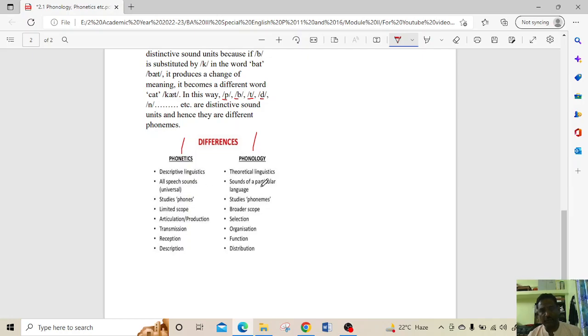And as I told you, phonology studies the sounds of a particular language. So in phonetics you study phones, that is the dhvani, and in phonology you study phonemes, that is the smallest unit of sound. So phonetics has limited scope, on the contrary phonology has broader scope.